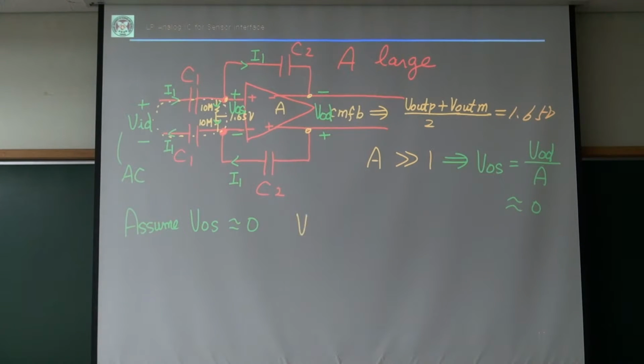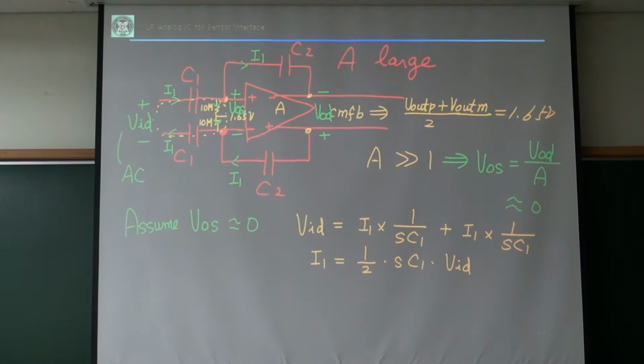So my VID equals I1 times 1 over sC1 plus another I1 times 1 over sC1, okay? So I can calculate I1, which is sC1 over 2 times VID.